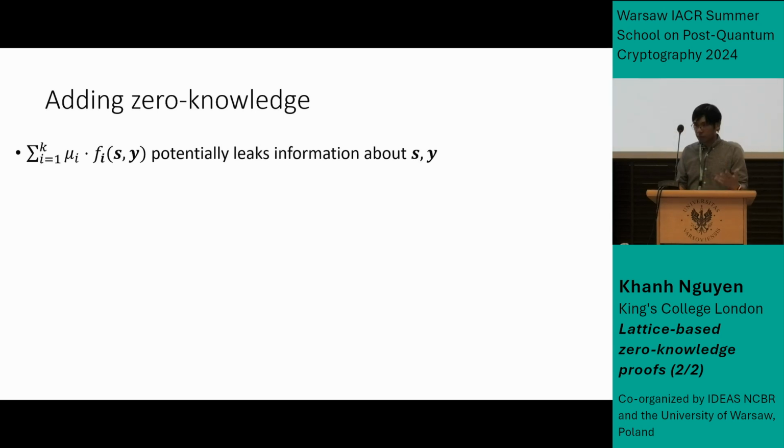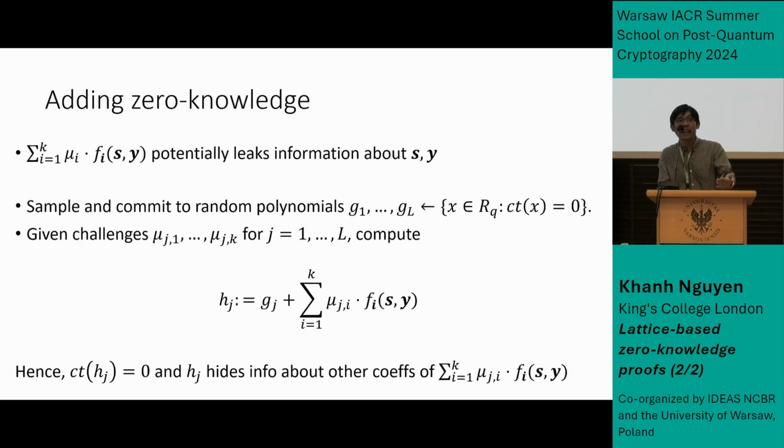Okay, so the problem here is that if I linearly combine things and I just send this linear combination, it potentially leaks information about all the secrets we have. So we need to mask again. So how do we mask? I know that for an honest prover, the constant term of this linear combination will be 0, so I don't want to spoil that with my mask.